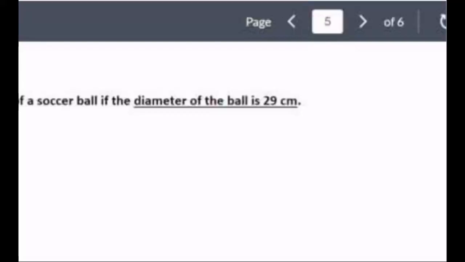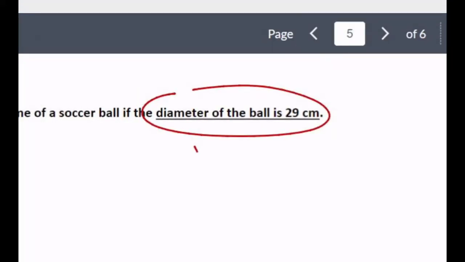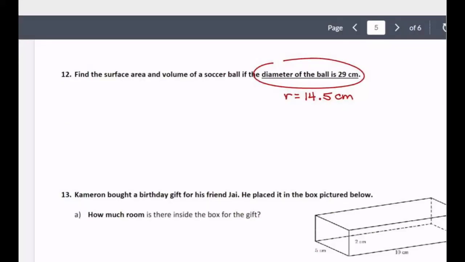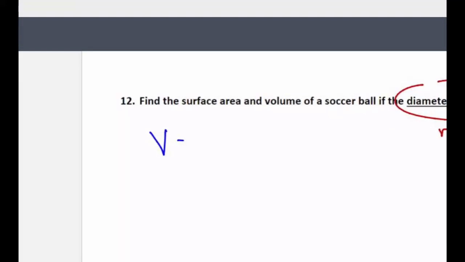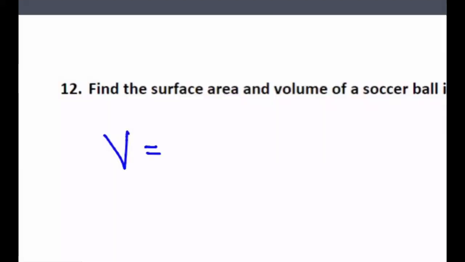What do I need to calculate from here? Radius. If the diameter is 29 centimeters, how big is the radius? 14.5. All right, we want volume and surface area. How do I calculate the volume for a soccer ball? That'd be for a sphere. 4/3 pi r cubed.